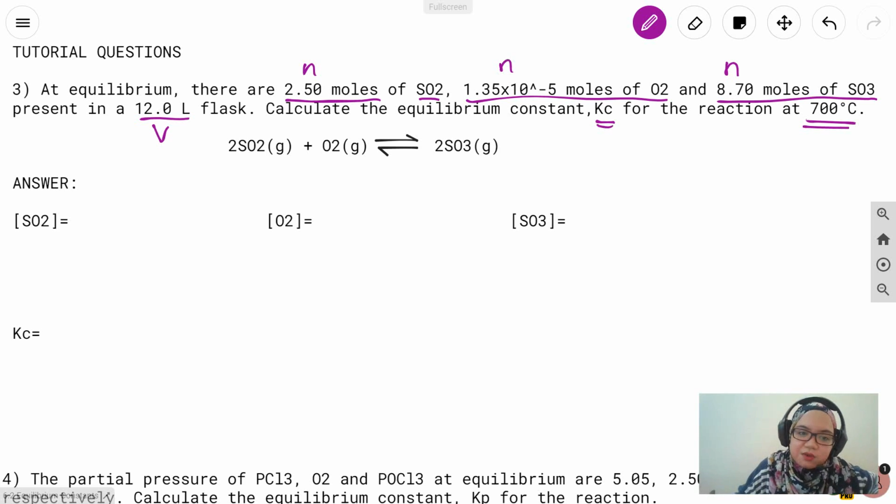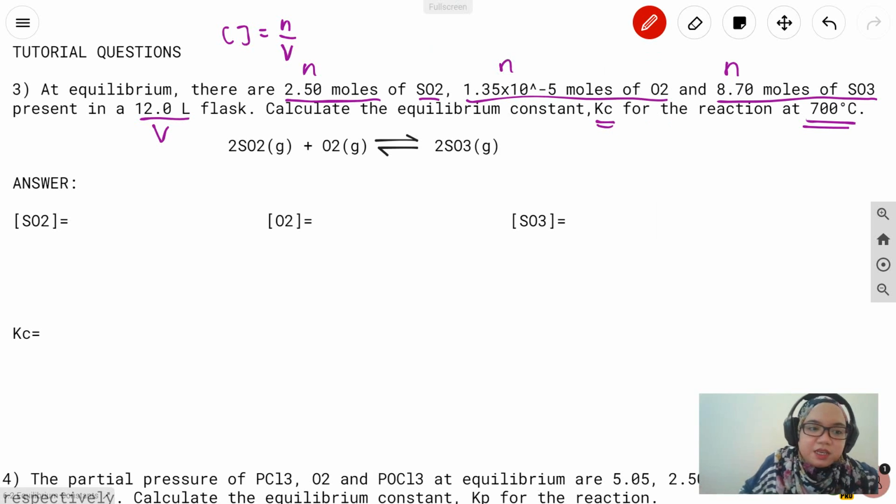The first step is to find the concentration of each component, because we need to find the equilibrium constant in terms of concentration. To find the concentration, we know that concentration is equal to number of moles divided by volume.